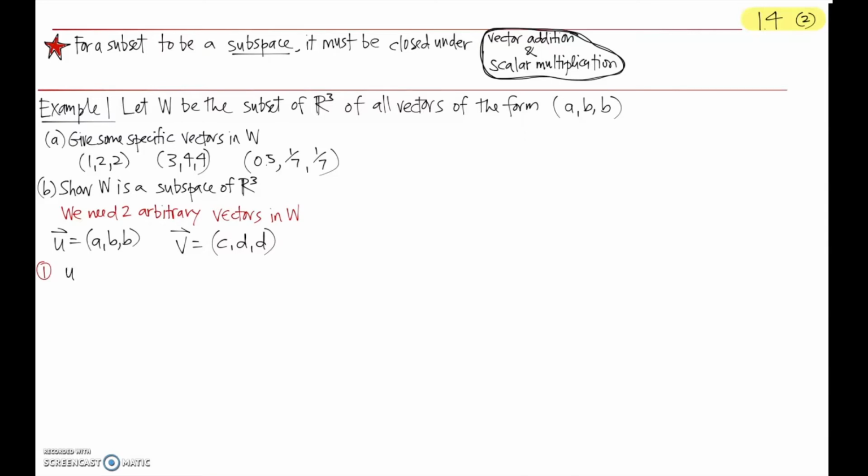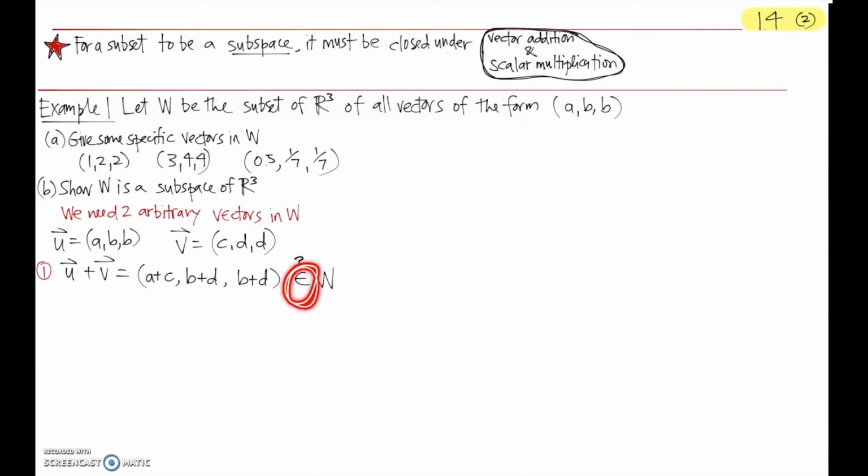So let's take U plus V, and we'll add them together. Okay, if we add these together, that means we're adding A plus C, and that's the first element of this new vector. And then the second element would be B plus D, and the third element would be B plus D. This is what we get when we add up our two arbitrary vectors. And so the big question is, is this new vector an element of W?